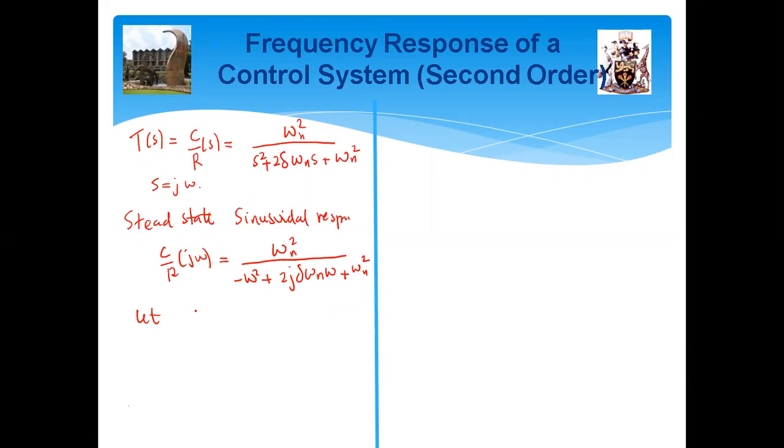If we let u be omega over omega n, that is, omega over the natural frequency, then we end up with 1 minus u squared plus j 2 delta u.